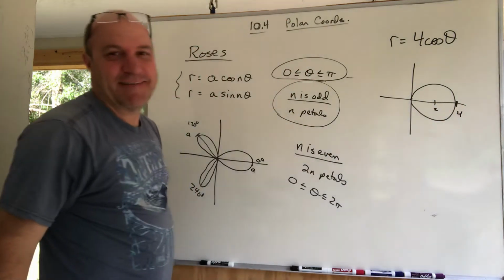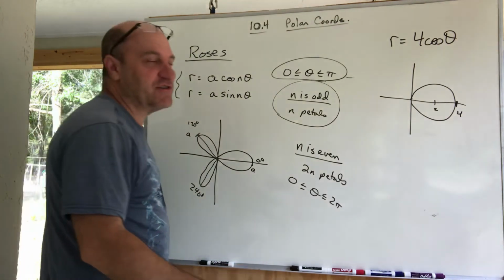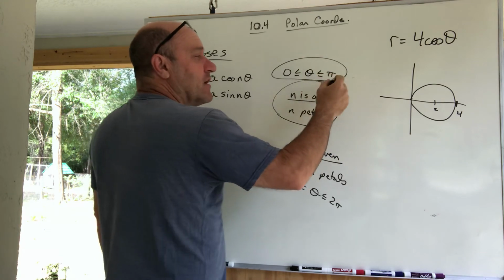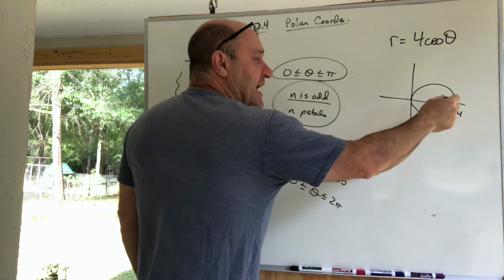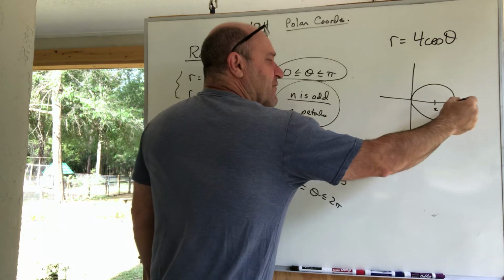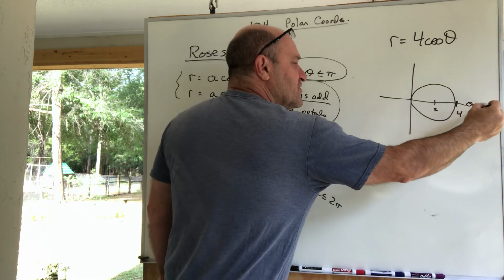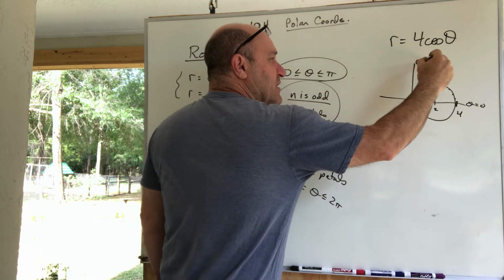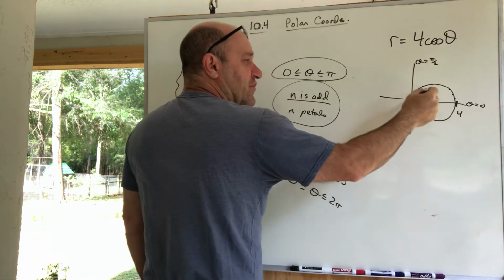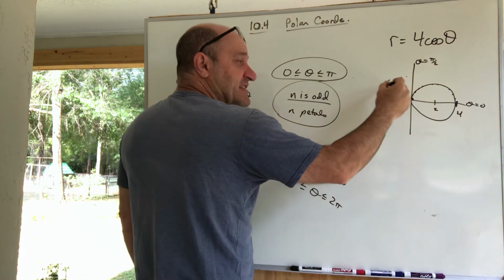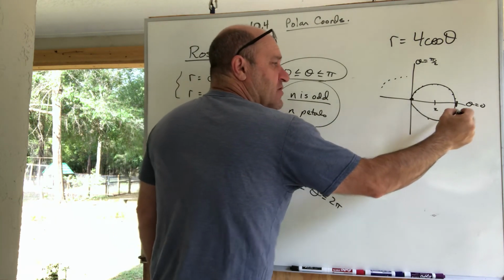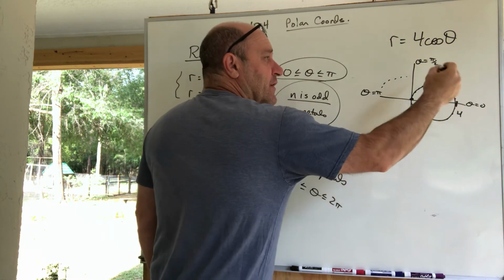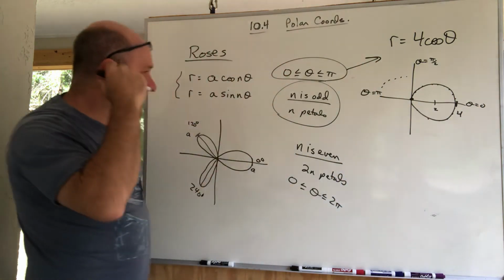But it's a circle, it's not a one-petaled rose, that's just me. But it does follow this rule that only 0 to pi is needed to plot that out. You don't need theta to go from 0 to 2 pi. You start here with theta equals 0. It plots these points. When you get here, you're at theta equals pi over 2. And when you start plotting these points, you get these negative values of r. And so by the time you get to theta equals pi, you've plotted out the whole rose. So that applies to that too.